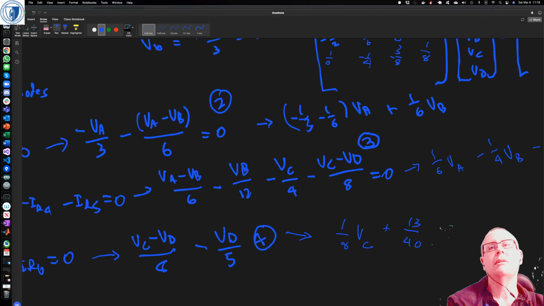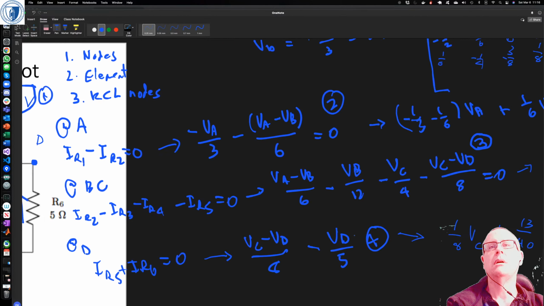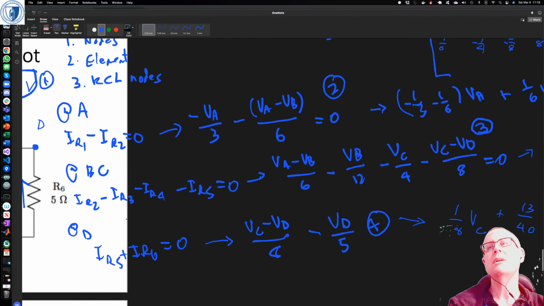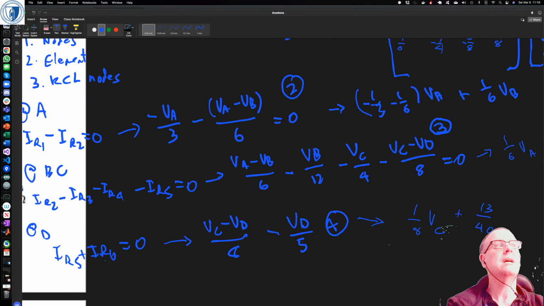Can you show us the full equation that you're working on? Like, show more to the left, where it came from. Is that one, this one here? So it's IR5 plus IR6. And that's VC minus VD on 8 minus VD on 5. Is that okay?